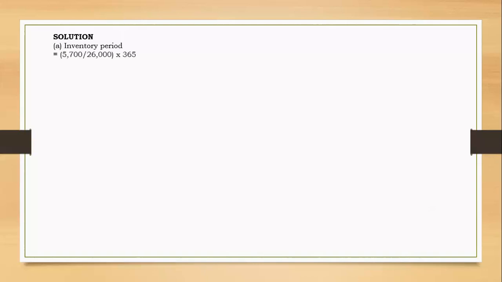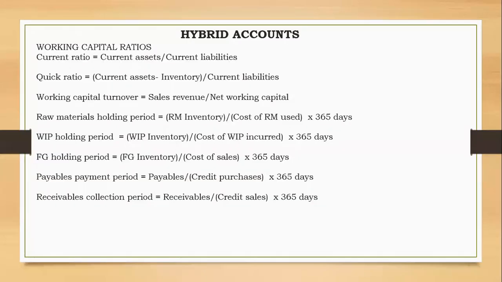Now you need to go to our formulas. What is the inventory period? We spoke of this very well. We said that inventory holding period equals, now here they have not specified which form of inventory it is. They just said inventory. So it becomes easy because you just take the normal inventory, assume it is finished goods inventory.